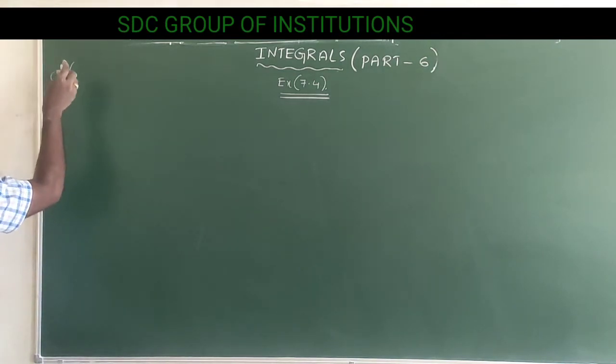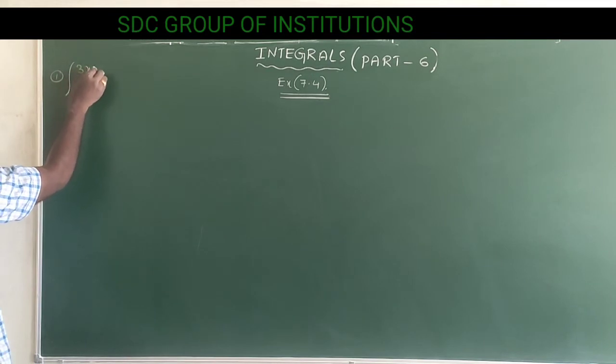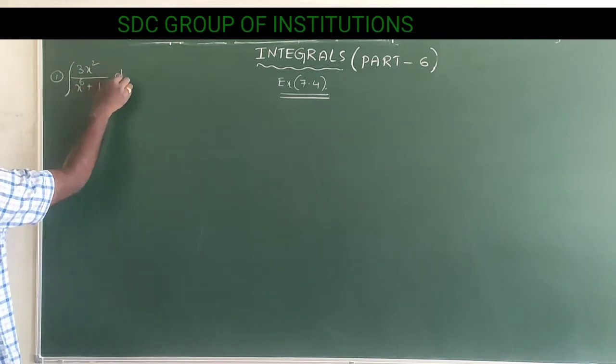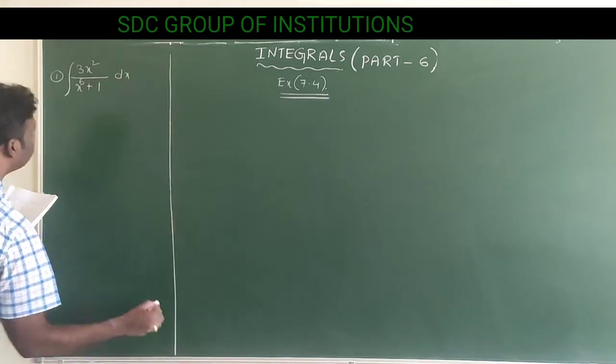Evaluate integral 3x square by x power 6 plus 1 dx.